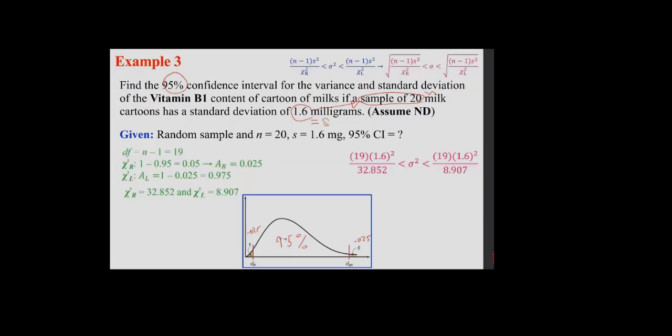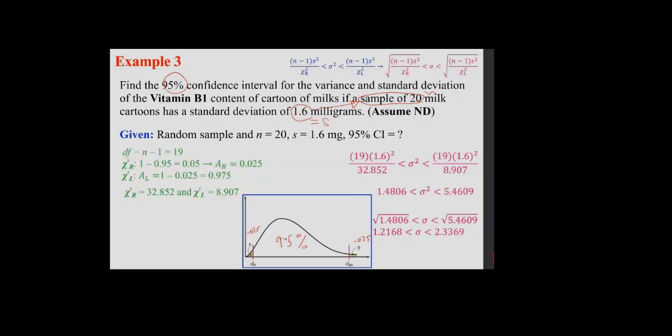To do the math, you go through the process, and sigma squared is between those two numbers. Confidence interval for the variance. What about the standard deviation? Just take the root. So what does it mean? If we want to verbalize one of them, we are 95% confident that the true standard deviation for vitamin B1 content of cartons of milk is somewhere between those two numbers.